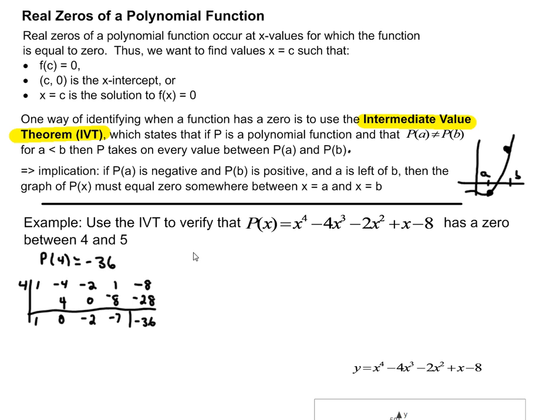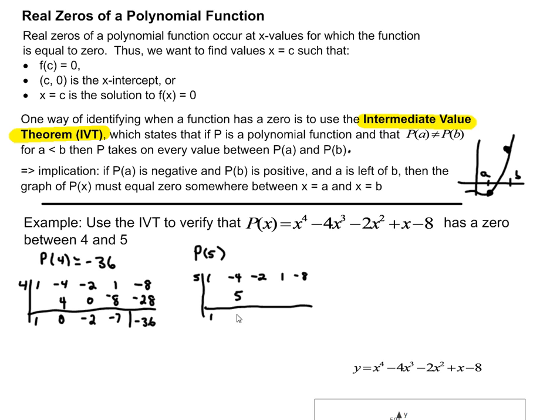How about p of 5? Well, let's do the same trick. What happens if we put in 5? At x equals 5, as a result of our synthetic division, coefficients 1, negative 4, negative 2, 1, and negative 8, bring down the 1. Multiply 5 times 1.